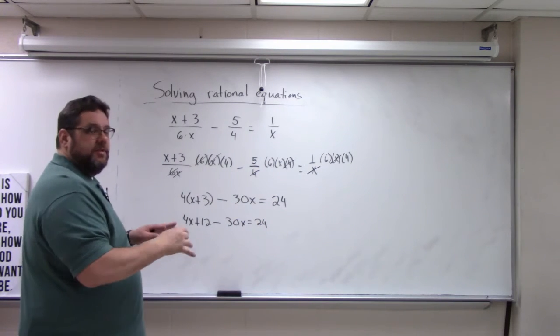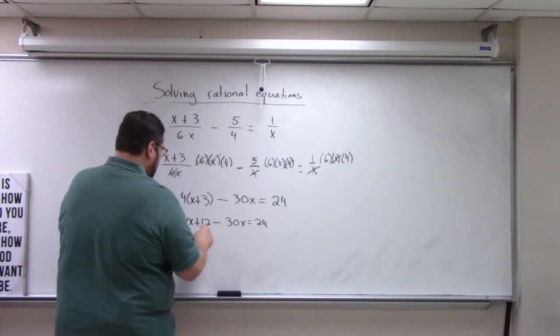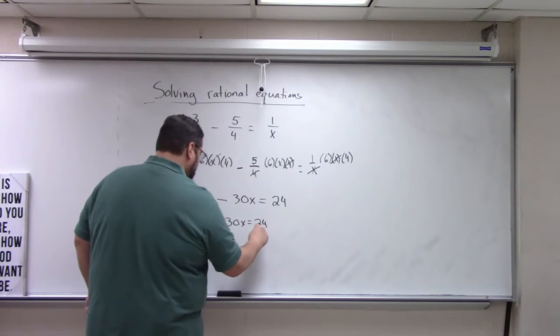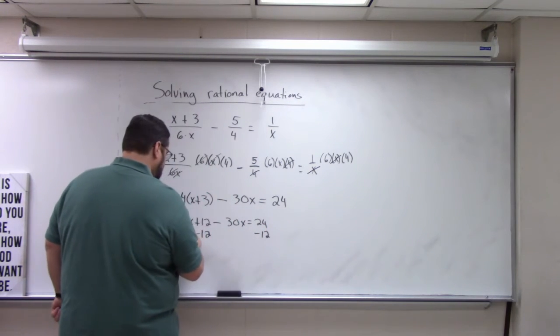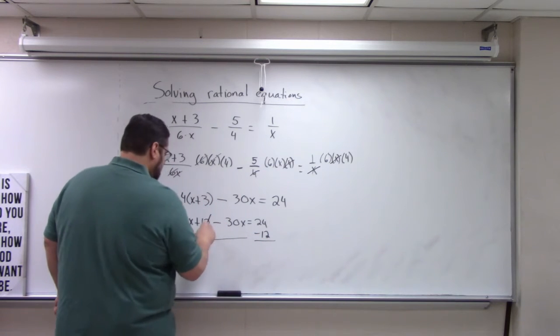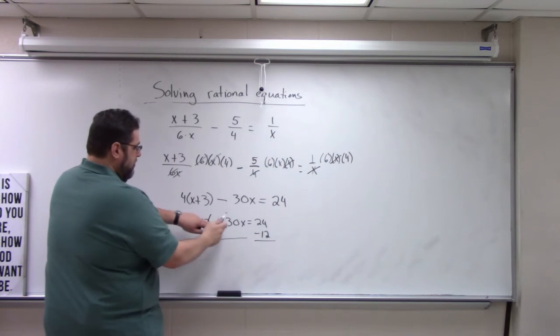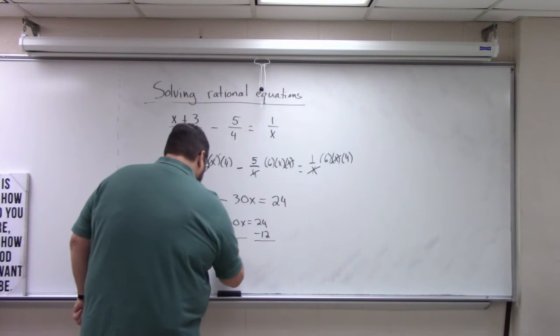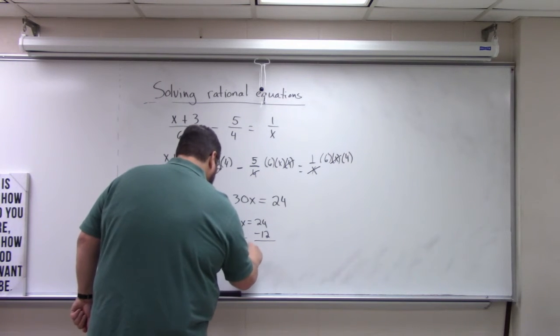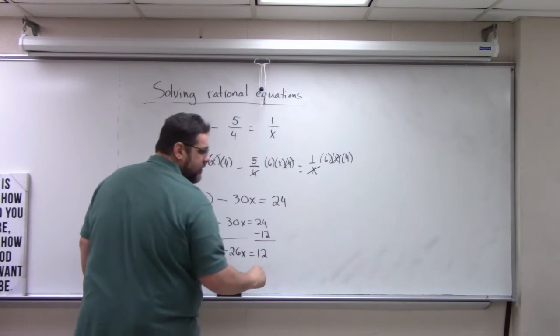Okay, I'm going to do a couple of things here. I'm going to go ahead and move the 12 over. I'm going to subtract 12 on both sides. All right, and then I have 4x minus 30x. That's minus 26x equals 12.